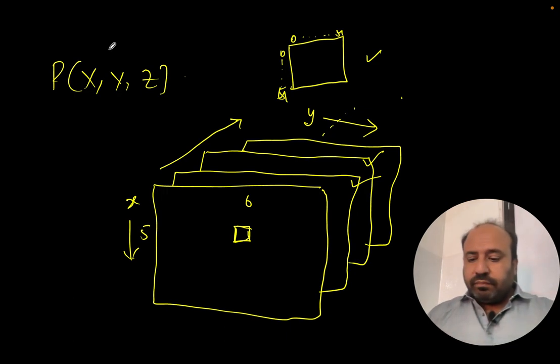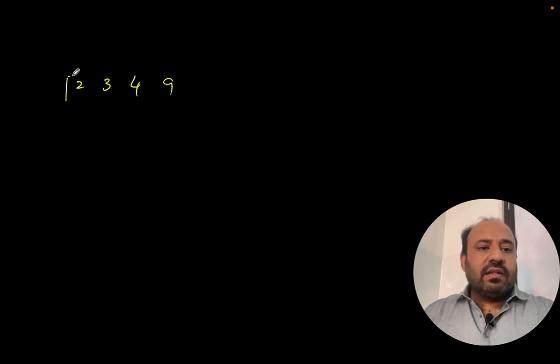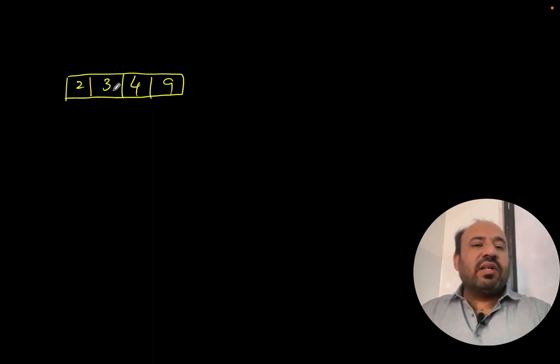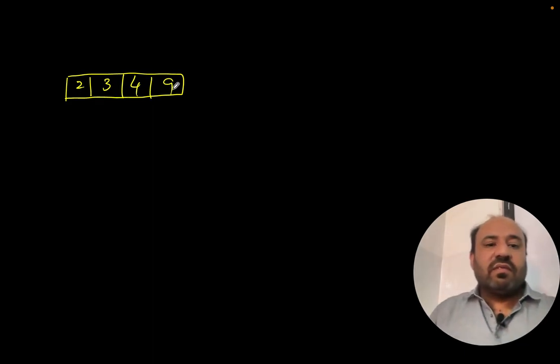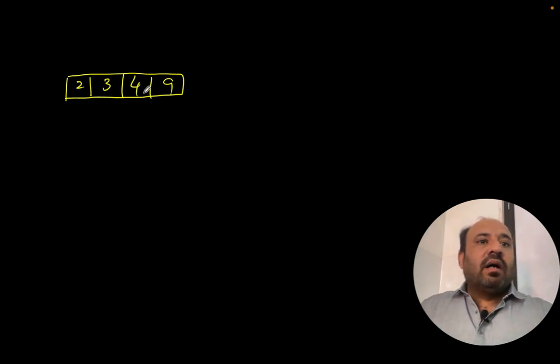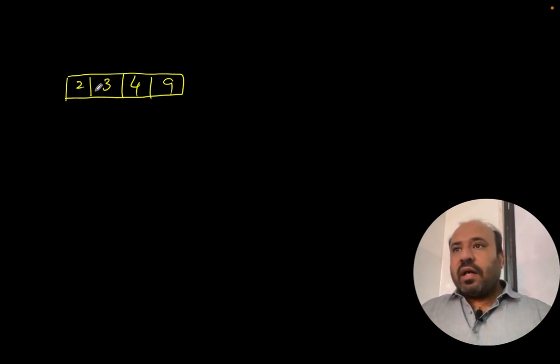So to recap, you have, let's say, the numbers 2, 3, 4, 9. These are elements: 2 is an element, 3 is an element, 4 is an element, 9 is an element. An array of these elements is a one-dimensional array.